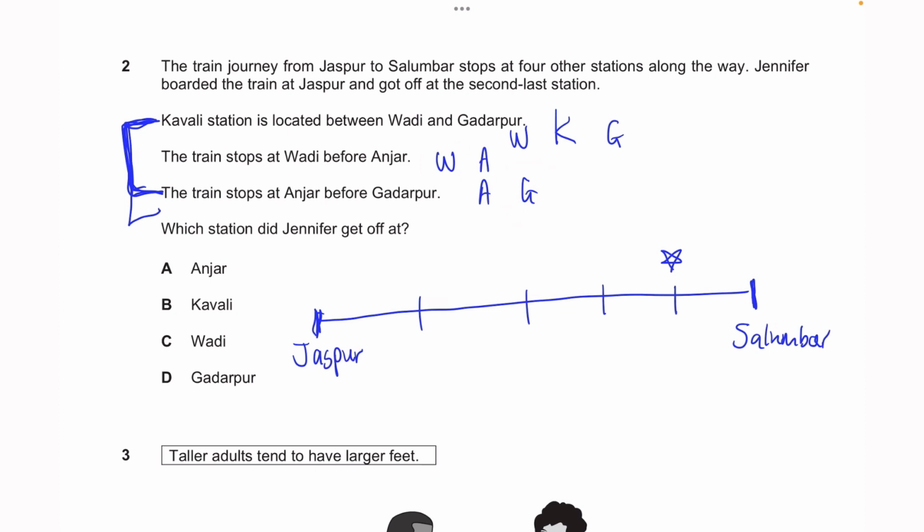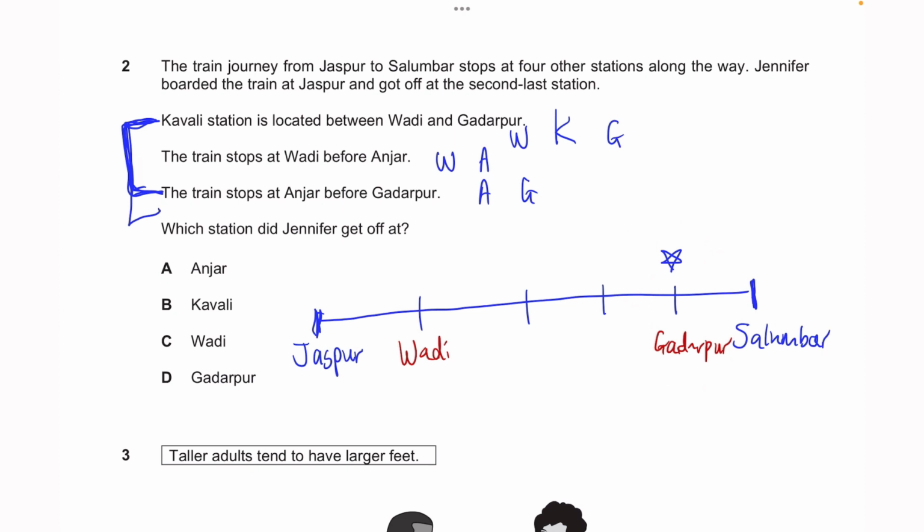And so if we have a look here, we're going to put Wadi and Gadapur. And then we've got Anja and Cavalli. With Anja and Cavalli, it could actually be in any of these 2 ones, but that's not really important. What's more important is knowing what our second last station is.